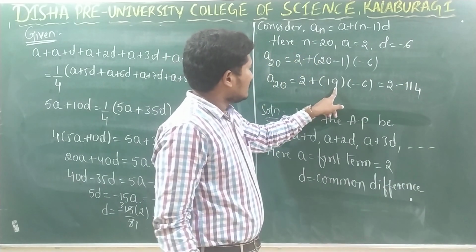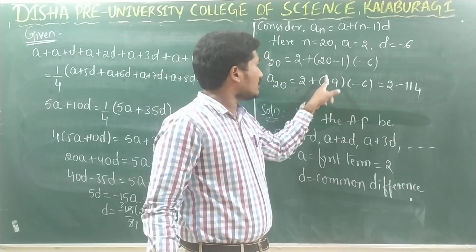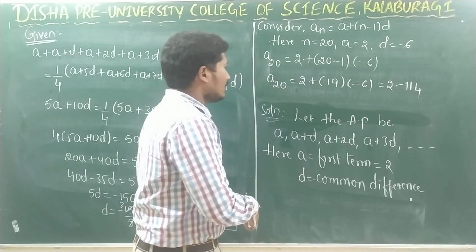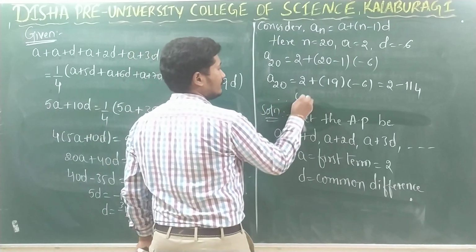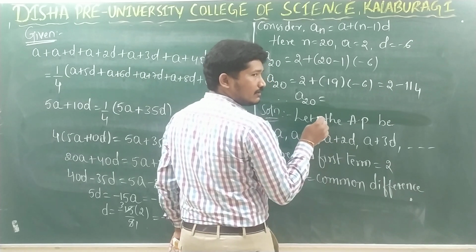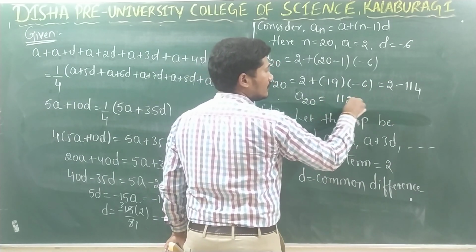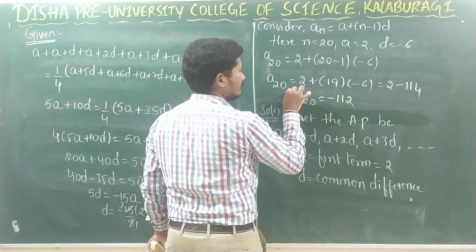See here, 9 sixes are 54, 4 and 5 will be carried here, 6 ones are 6 plus 5 is 11. So therefore a20 is equal to, signs are different, so we will subtract. What is 114 minus 2? It is 112, and put the greater number's sign.